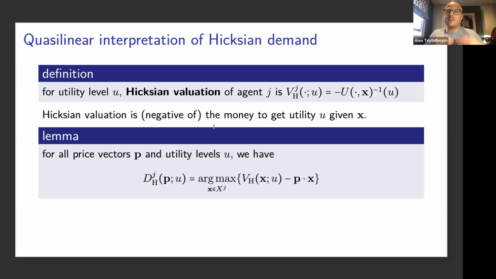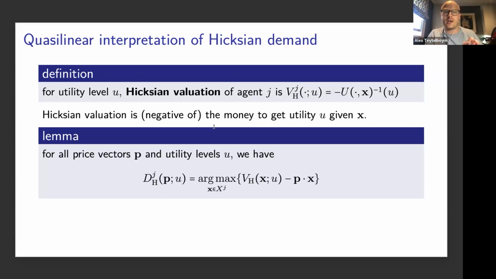And so you can think of, when an agent is expenditure minimizing, of them really maximizing some quasi-linear objective. So it's not the case that they've actually got quasi-linear preferences. That is not true. So money does enter non-linearly, but we can rewrite it by using the Hicksian valuation as a quasi-linear objective. There is a sense in which an agent is quasi-linear when they are expenditure minimizing.